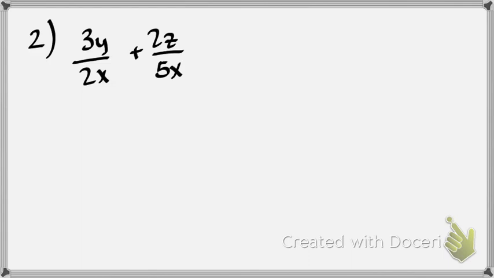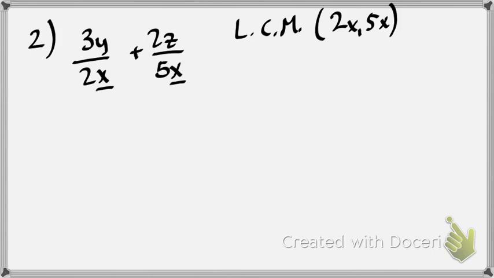So now what we're going to do is say, okay, I want to know what the LCM of 2x and 5x is. Well, now it's a little bit trickier when you throw a variable in there. But since they both have an x, they already have that in common. I don't need to worry about the variables. So now I'm just going to say, okay, what is the LCM between 2 and 5?